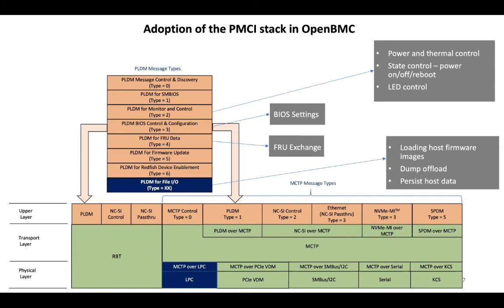And for the file IO, you mentioned loading host firmware images, right? So how is that different compared to the firmware update? You have type 5, which is a firmware update. It's slightly different. There isn't really an update here. The use case is typically for platforms where the host firmware doesn't have a dedicated storage of its own and relies on the BMC to be able to read its own image.